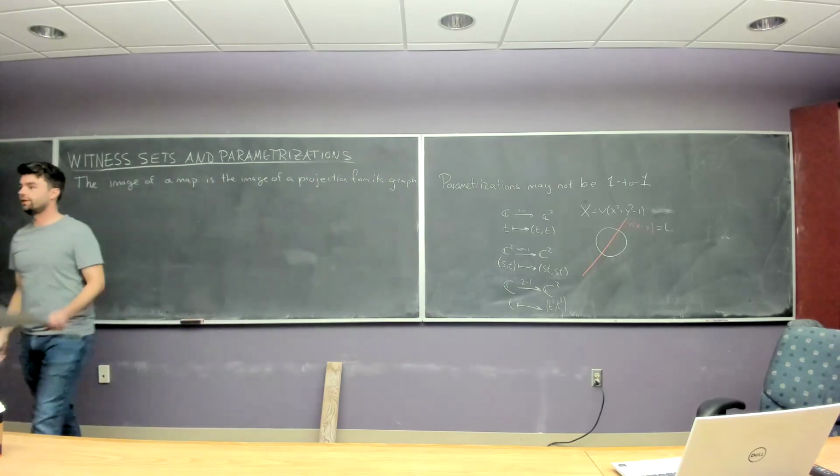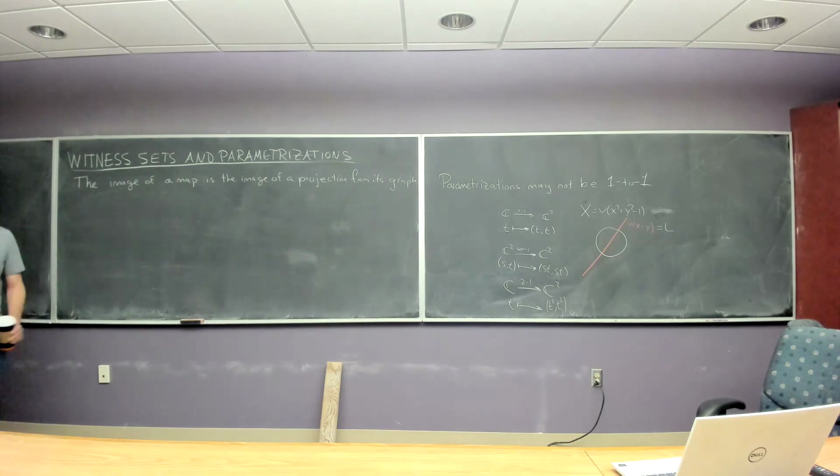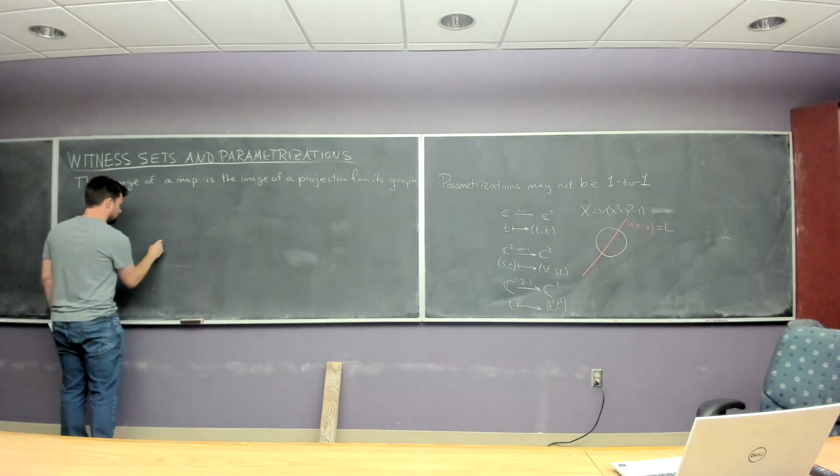Remember this for your whole mathematical life. One day you might thank me. The image of a map is the image of the projection from its graph.